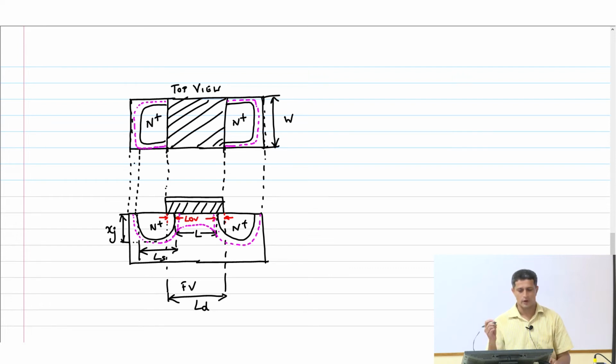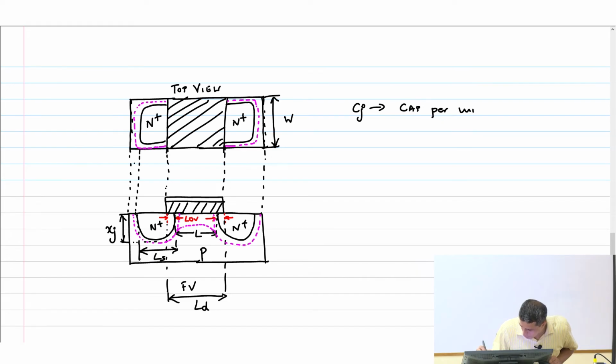Clear? Okay, so now this is a PN junction, and between the N plus and the P, I have a capacitance per unit area called Cj.